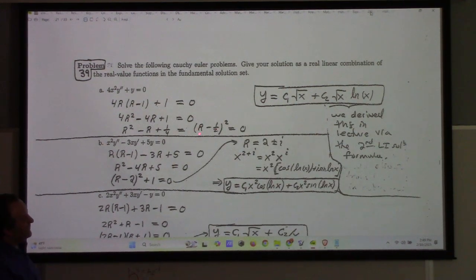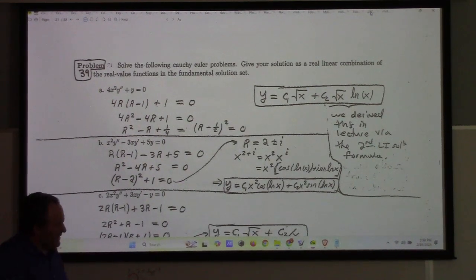If we have a repeated root, we learned that we multiply by log x for these problems from the second linearly independent solution formula. And if it's a complex root, then we look at it in terms of this definition, which is that x to the i is actually cosine log x plus i sine log x.